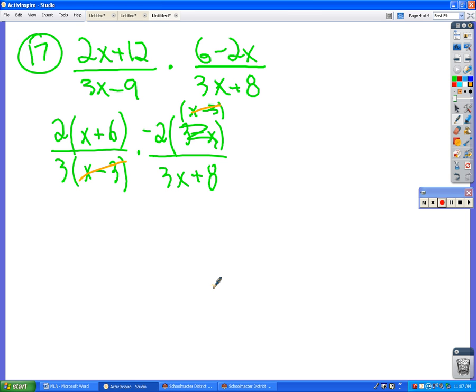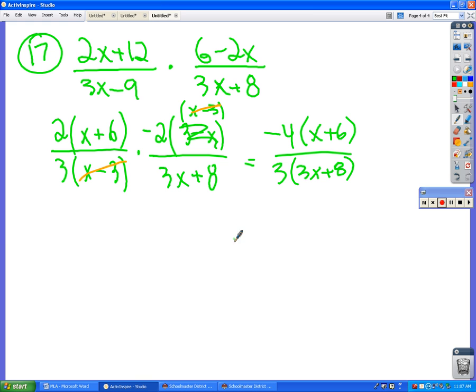Don't you have to flip the bottom one too? No, because then they would still be opposite of each other. I only want to flip one so that they match. So -4, because of the flipping thing, it has to be negative, times x plus 6 over 3 times 3x plus 8. So -4 times x plus 2.